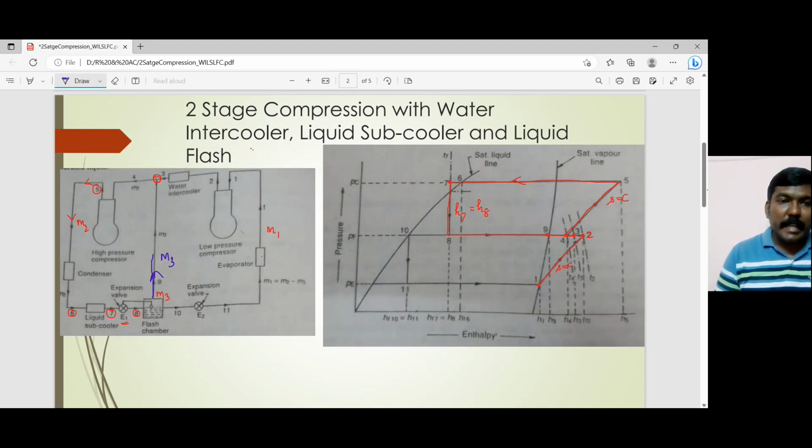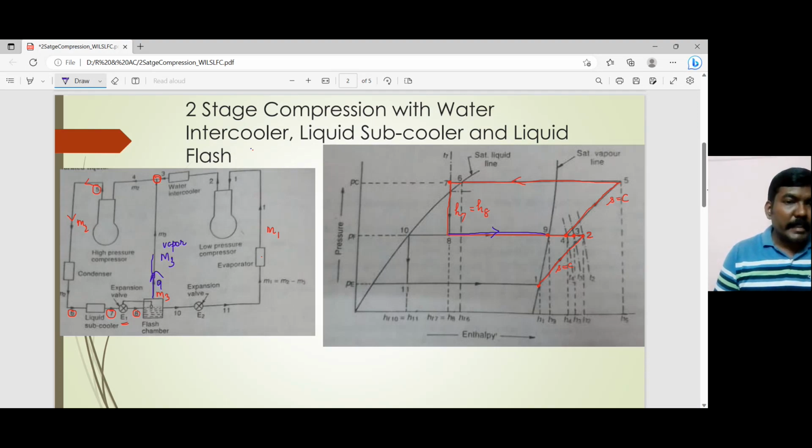This is in the vapor form, and this vapor is taken to the high pressure compressor, and this condition is stated as 9. So from 8 there goes 9. So 8 to 9, which we show in the pH chart, is one condition where the vapor leaves the flash chamber.